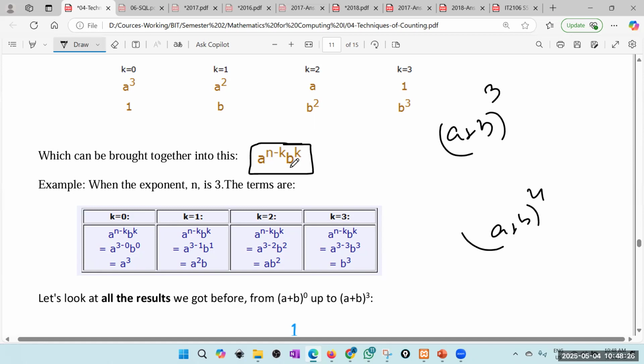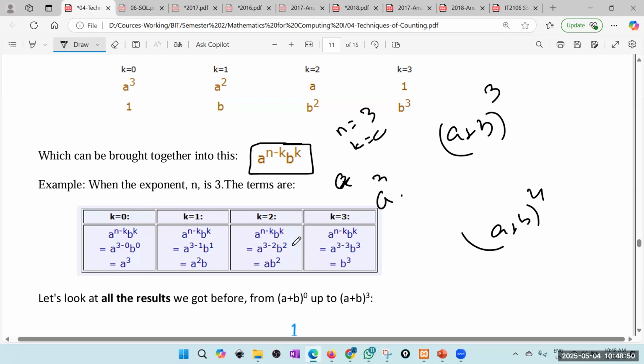So this is how you get your algebraic part. Therefore, when k is 0, because n is 3 here, a to the power n, remember n is 3. Initially my k is 0. So my first term is a to the power 3 minus 0 is 3, b to the power 0, b to the power 0 is 1.